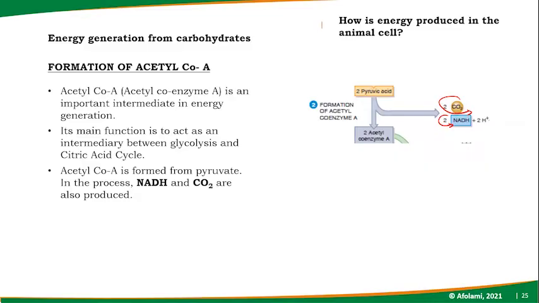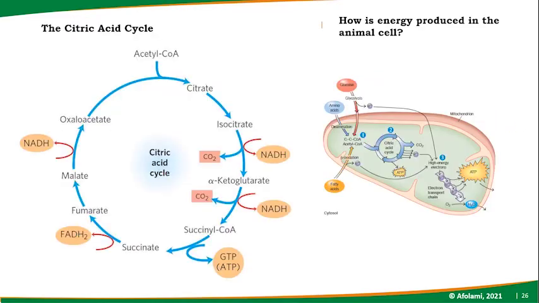We'll see later how the body uses all these electron carriers to actually produce ATP in the electron transport chain. But you need to understand that all the high electron carriers like NADH produced will still be used in the electron transport chain to produce ATP. But we'll get there in a short while.